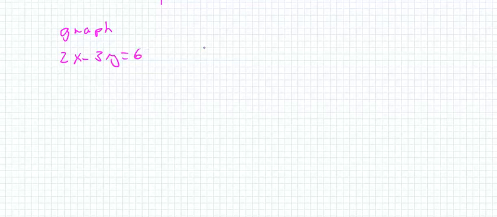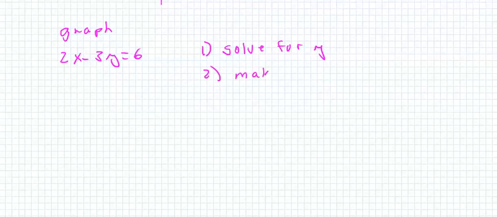The way we're going to do this, and we're only going to do this one day, and then we're going to find an easier way, is to solve for y, and then make a table of values.